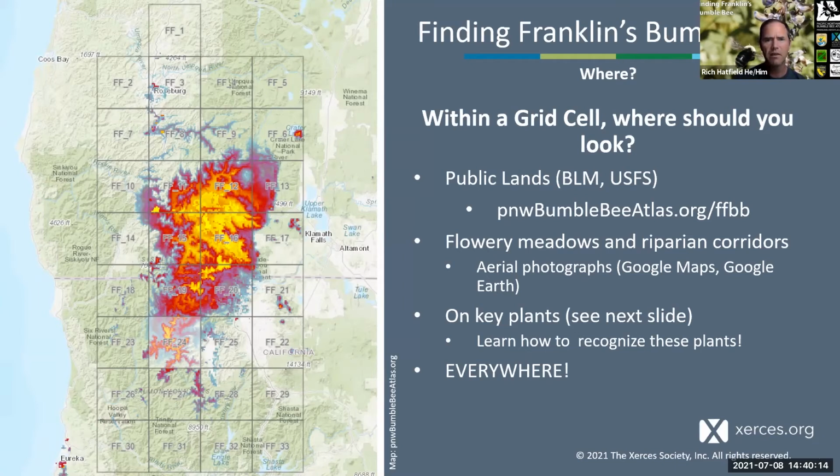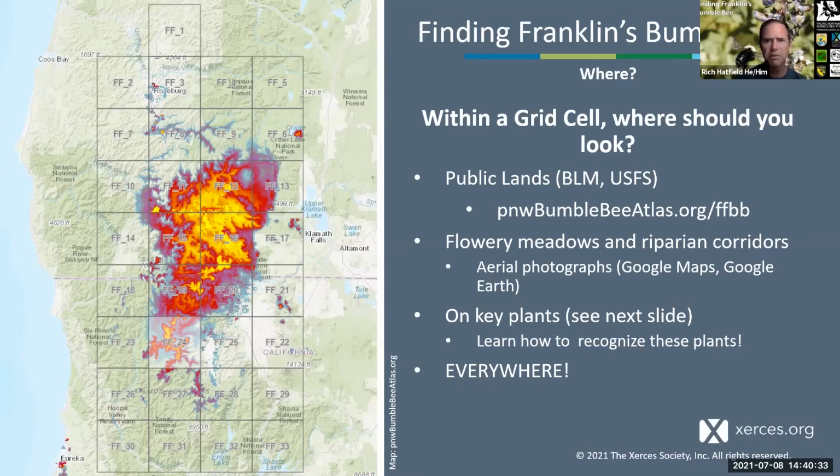Again, on the Pacific Northwest Bumblebee Atlas page, I've put a layer in there that will allow you to look at the public lands and overlay that on top of the grid to help you try to find locations where you could go survey for this species.